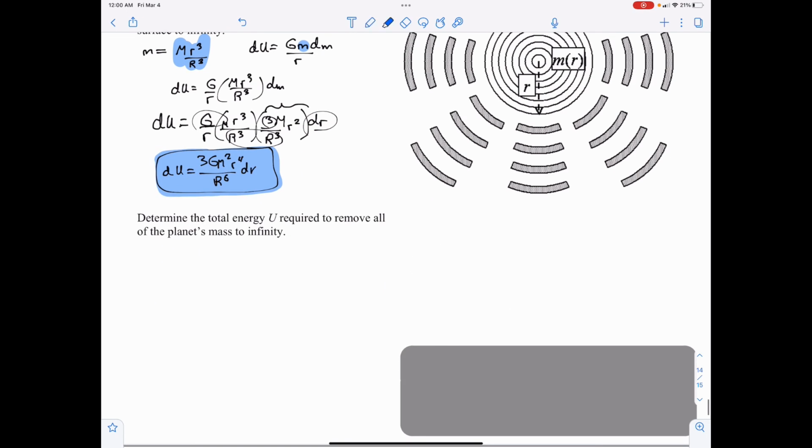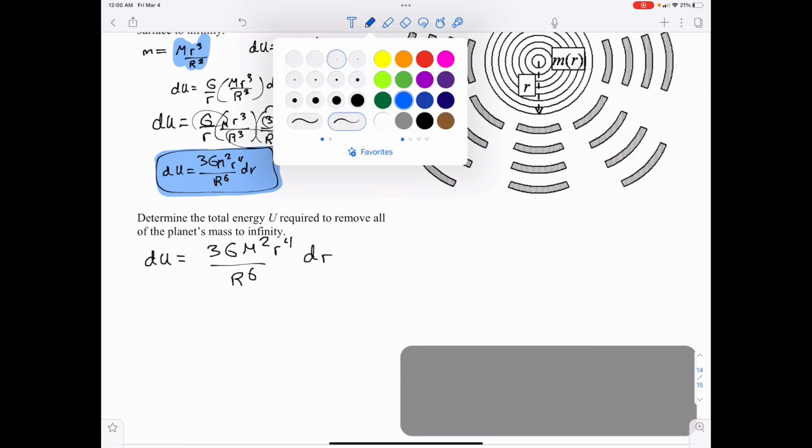Determine the total energy U required to remove the planet. Well, to figure out U, you have to integrate this. So we take our equation, du is equal to 3g m squared r to the 4th over big R to the 6th dr, and we just integrate both sides.